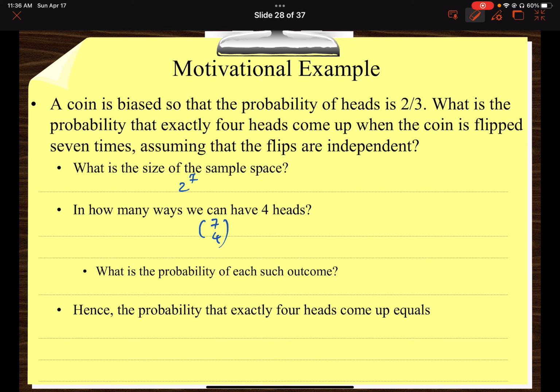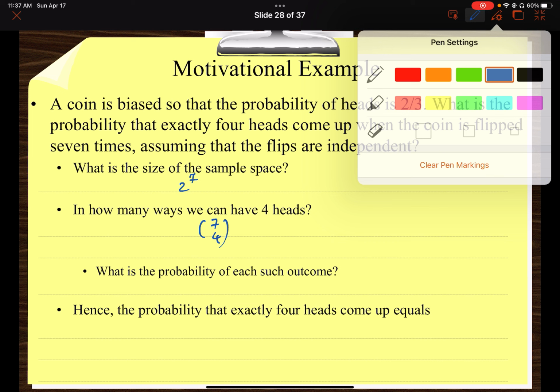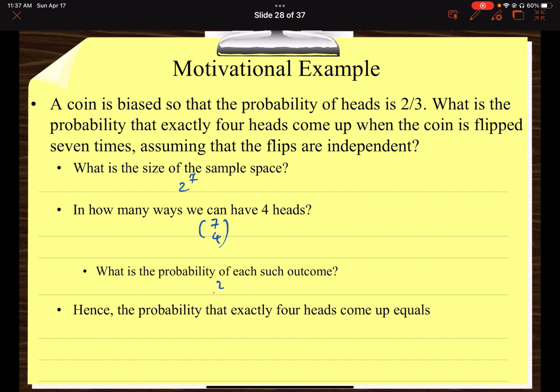So this is 2 over 3 to the power 4 multiplied by 1/3 to the power 3. The first one is because I have head, head, head, head, tail, tail, tail. What's the probability? 2/3, 2/3, 2/3, 2/3, 1/3, 1/3, 1/3.